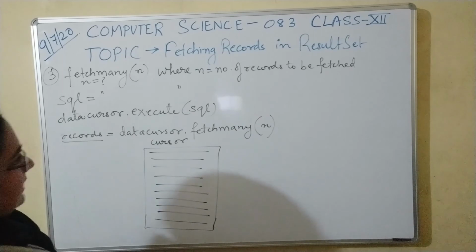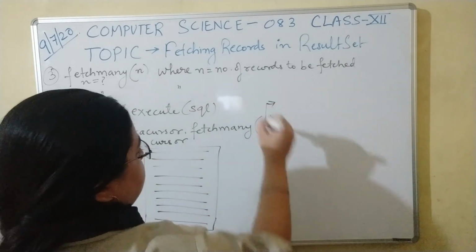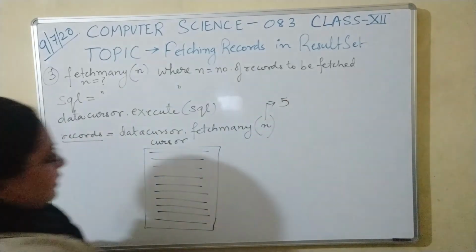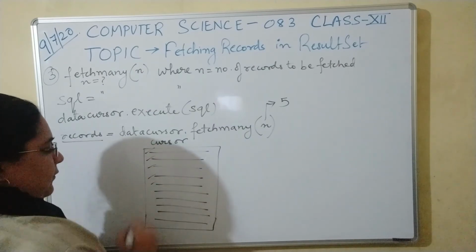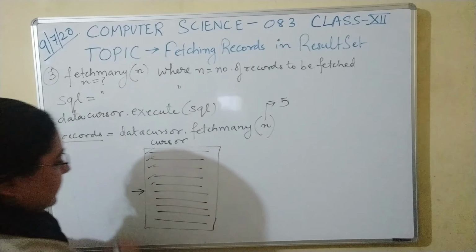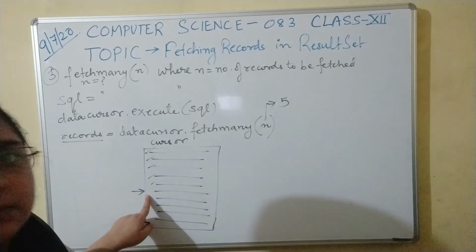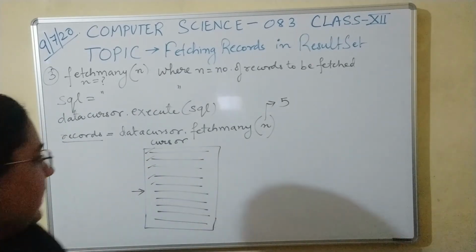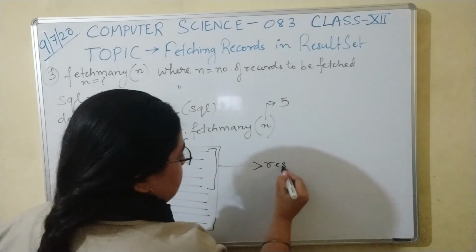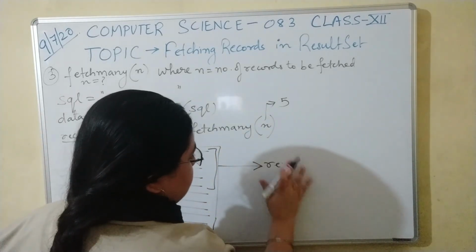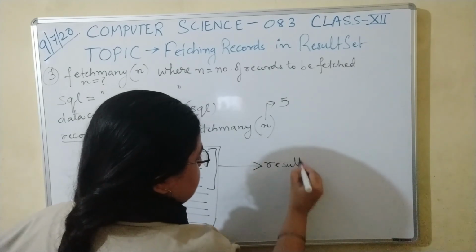Out of these 10 records, suppose the user has provided n as 5. So the first 5 records will be fetched, 1, 2, 3, 4, 5, and the pointer would be set at the beginning of the 6th record over here. These 5 records will be fetched within a result set.